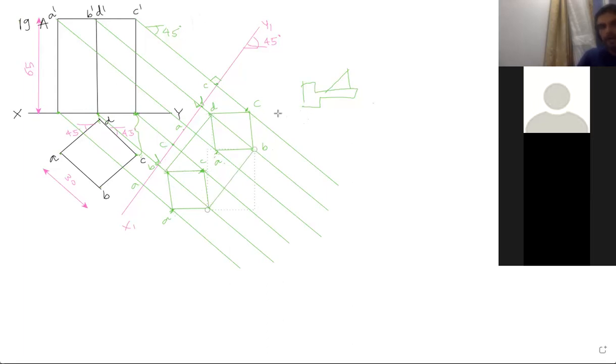Now we need to see dark and dotted. What is dark? What is dotted? For that, I need to first mark all the extreme boundary. See this. I need to mark all the extreme boundary like this. Now I don't know which one is dark, which one is dotted.